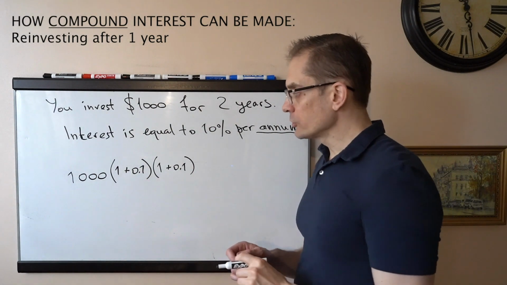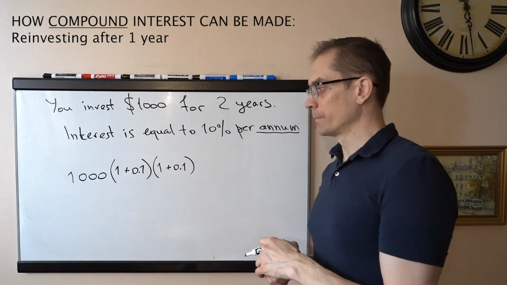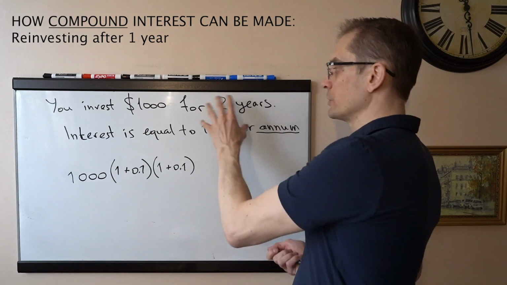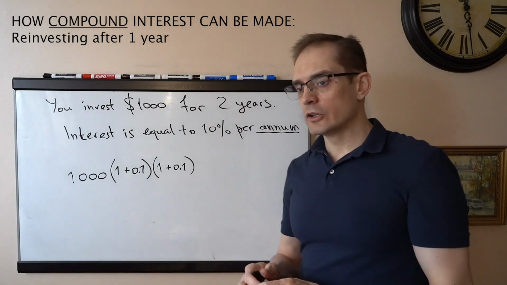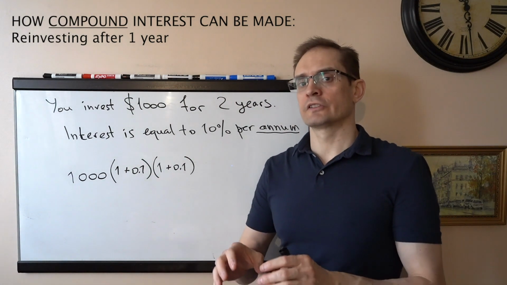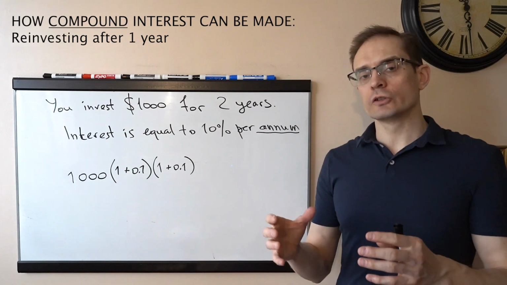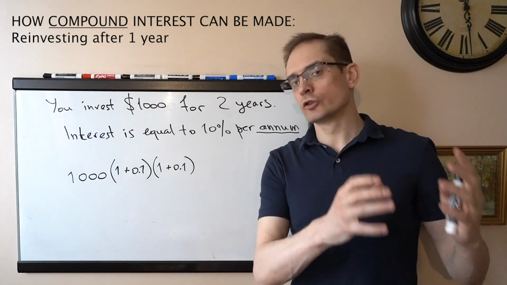Now, I want you to really pay attention to this part because that's a very important part. Previously, when we began to speak about 2-year investment, we mentioned a situation that you will get $200 over the course of 2 years. Why? How did you do it? Well, you get paid $100 for each year, and there were 2 years.